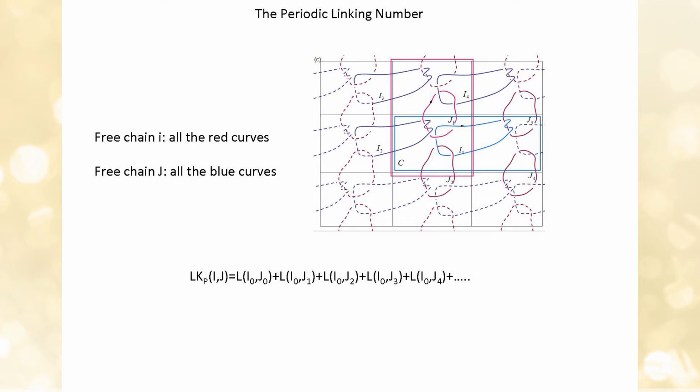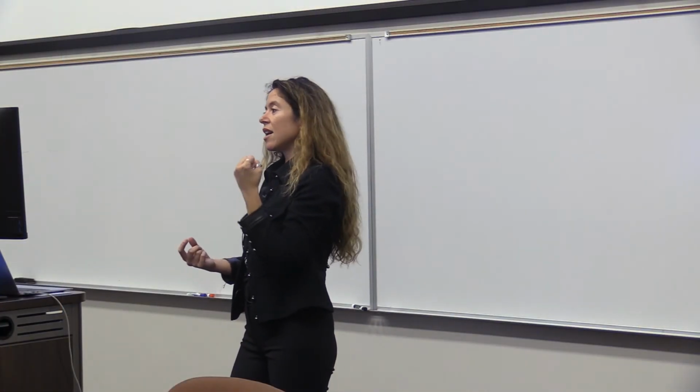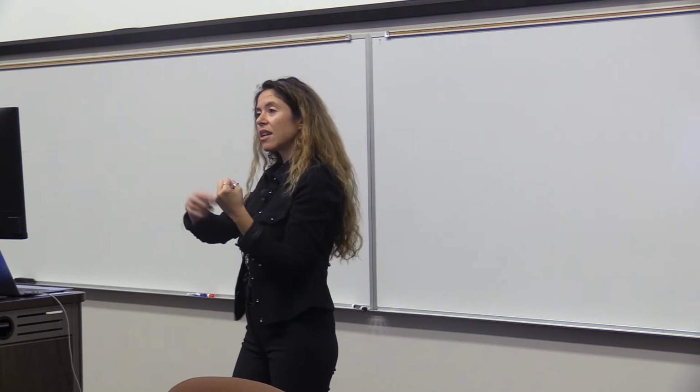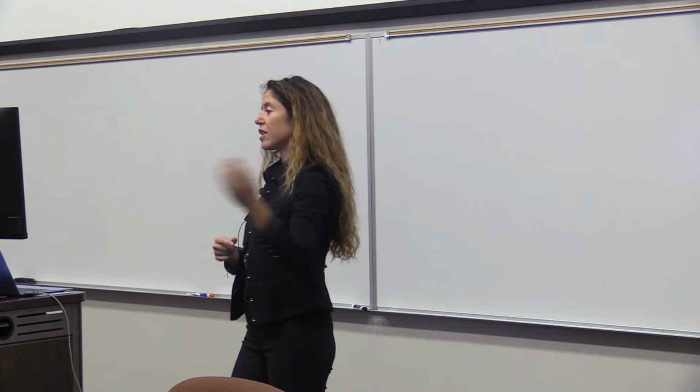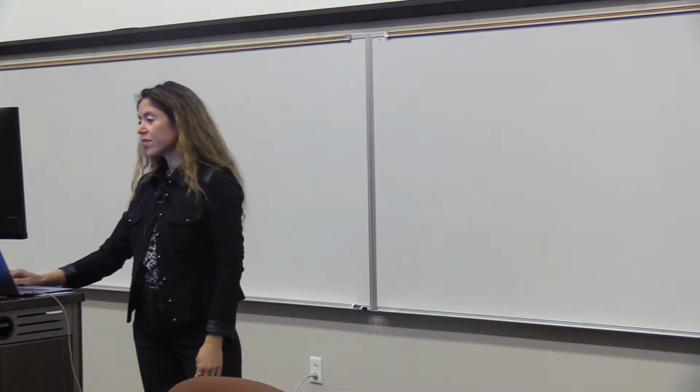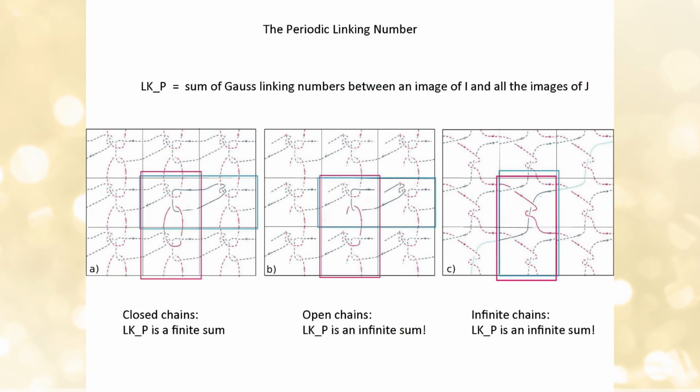I can do this for one red curve and add up all the linking it experiences with all the blue curves. Obviously, it doesn't depend on which image I take. So we extract a unique information that is a grain that has no repetitions, but that is repeated infinitely many times in the system. Okay. We can discuss how we prove that later.